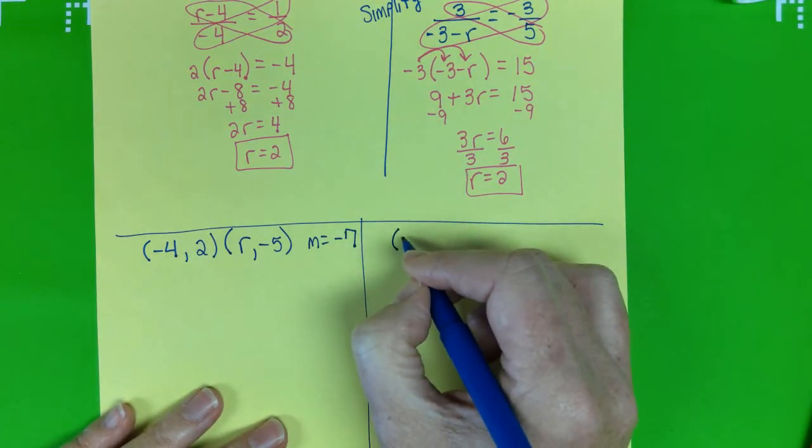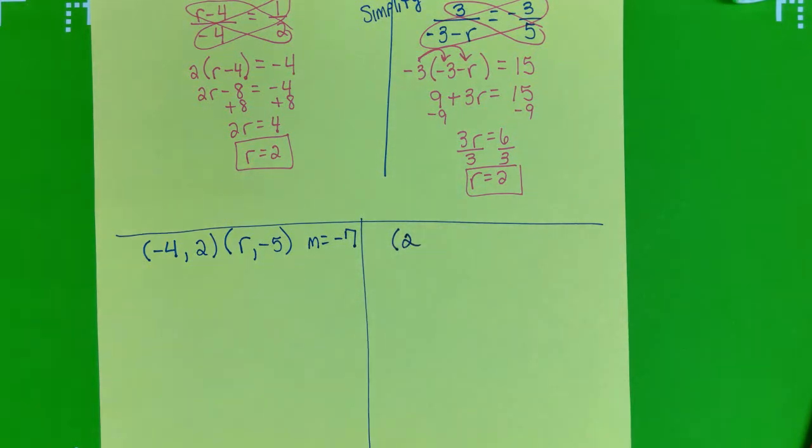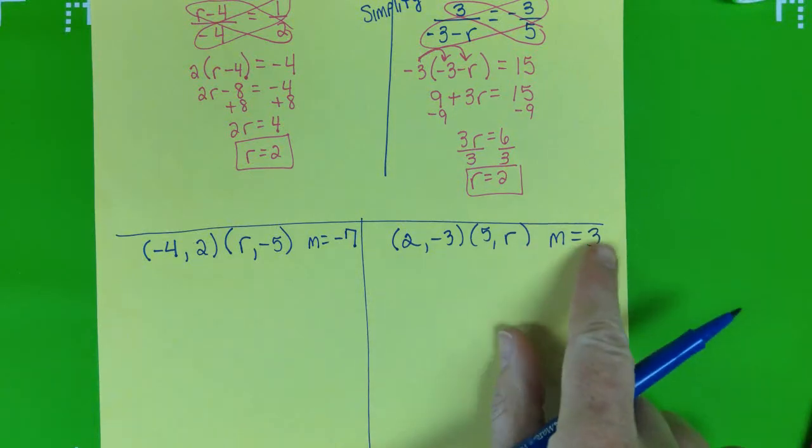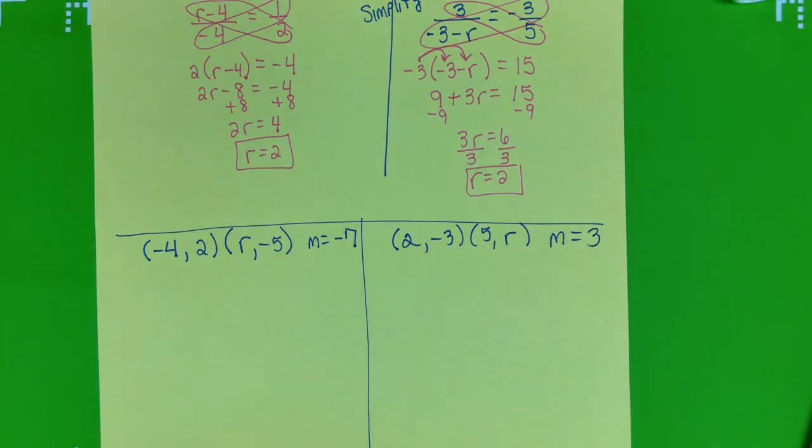And the other one is... I didn't have a slope written down, so I didn't know what to tell you there. Okay, so there's the second problem. So if you feel pretty good about this, go ahead and try to set those up on your own. Pause the video, and then come back and check your work.